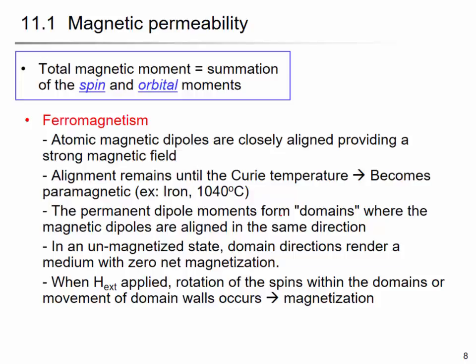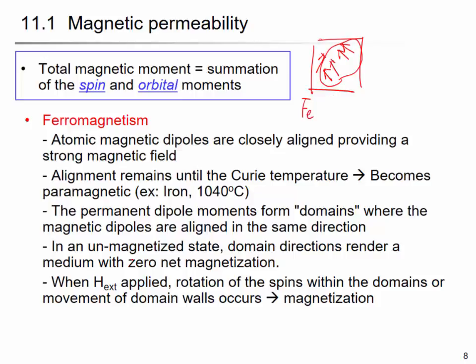Permanent dipole moments form domains where the magnetic dipoles are aligned in the same direction. So the dipole moments in, for example, iron, depending on the crystal structure, could be aligned in some direction, then this will generate a magnetic dipole, right?